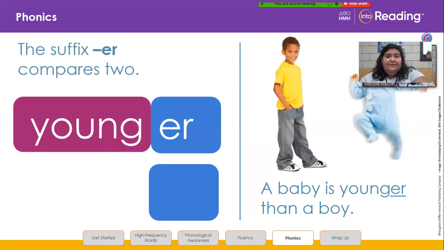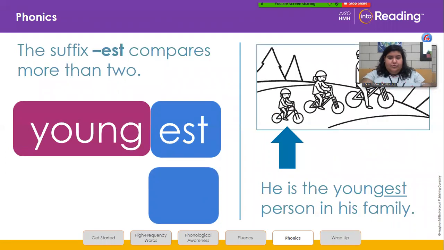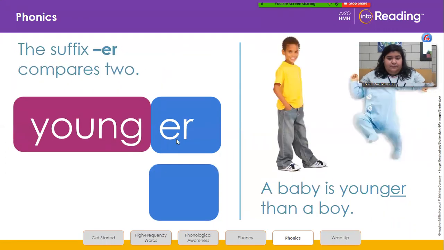So if I were to cover the ER, actually, you do that and pretend that you cover it with your hand, okay? Cover the ER with your hand. You see the word young. It's a high frequency word. It's pretty much like a sight word. Young. We said it has how many syllables? One, right?